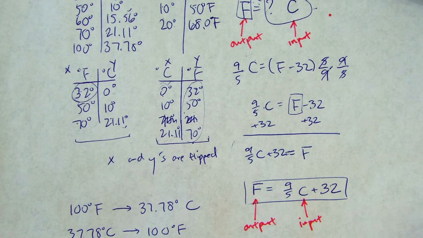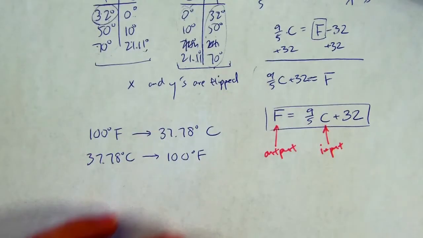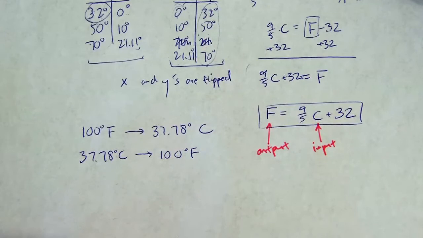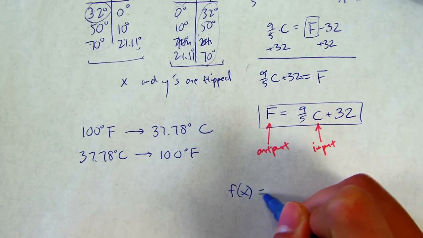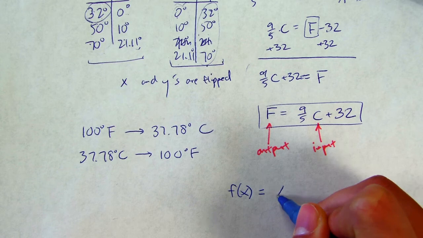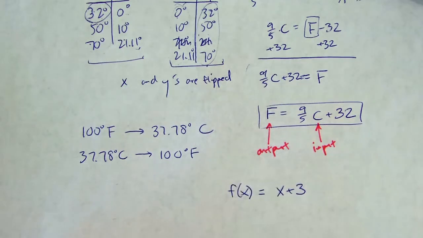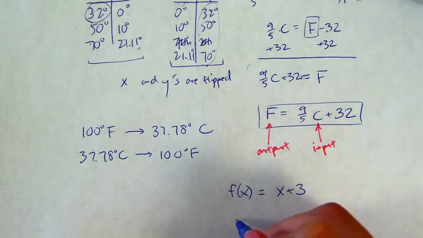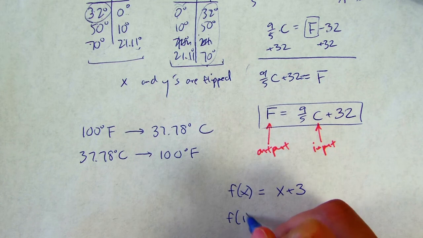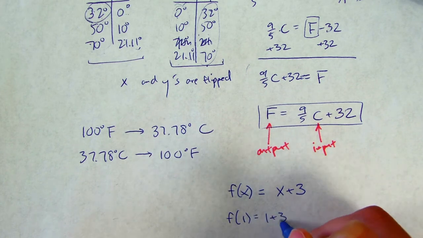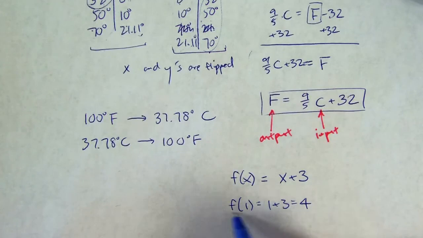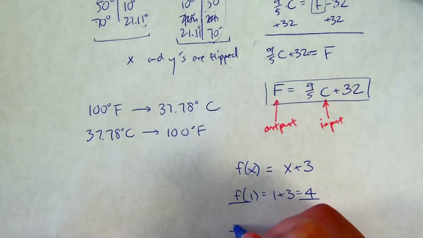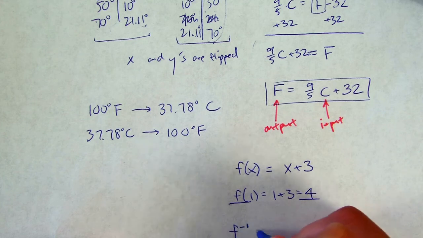Let me give you another example that is away from the whole Celsius and Fahrenheit example. If I was given the equation f of x is equal to, say for example, x plus 3. Based on our table, we would know that when I plug in 1, I get 1 plus 3, which is equal to 4. Now, if this was my function, then my inverse function is denoted by this -1, and that -1 means inverse.